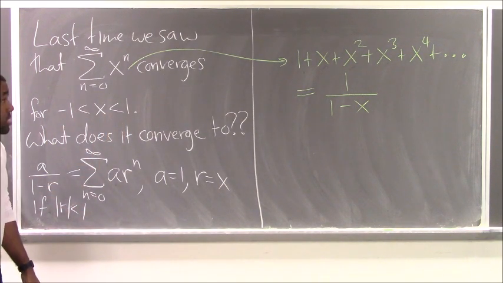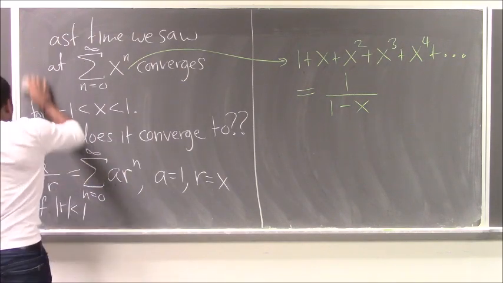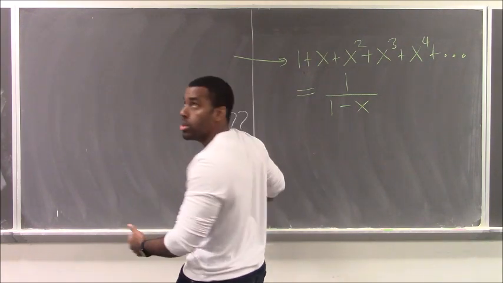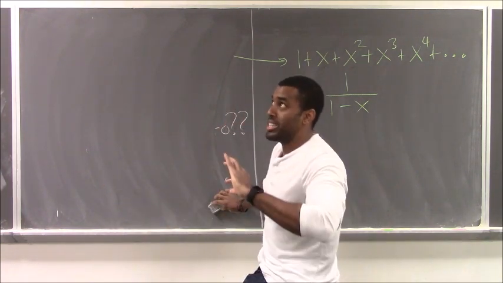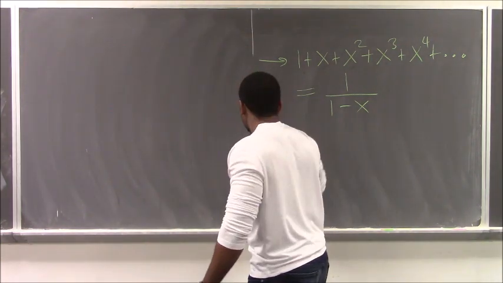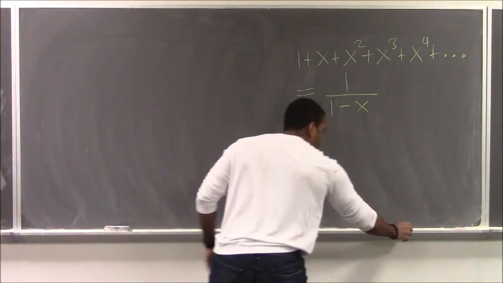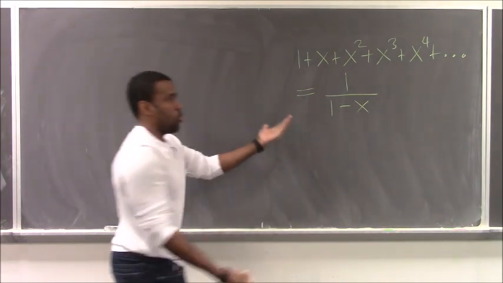But we get that. So one thing I want you to appreciate here, what we're going to dive a little bit more into today, but we'll actually get way more into it in the next lecture, is that this guy's a function, 1 over 1 minus x.